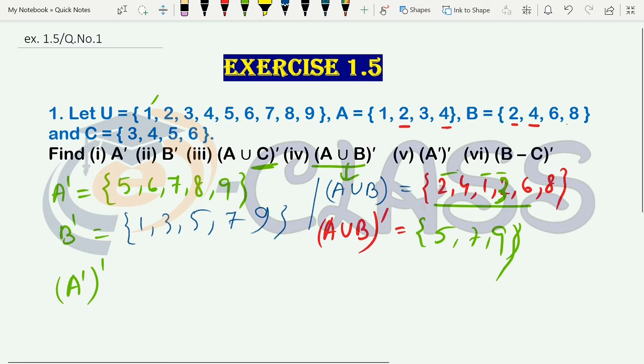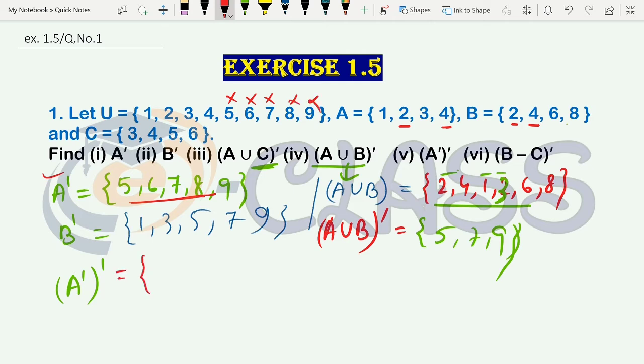For this, just notice the elements of A complement, these are 5, 6, 7, 8, 9. So just ignore 5, 6, 7, 8, 9 in the universal set and you get A as the set 1, 2, 3, 4.